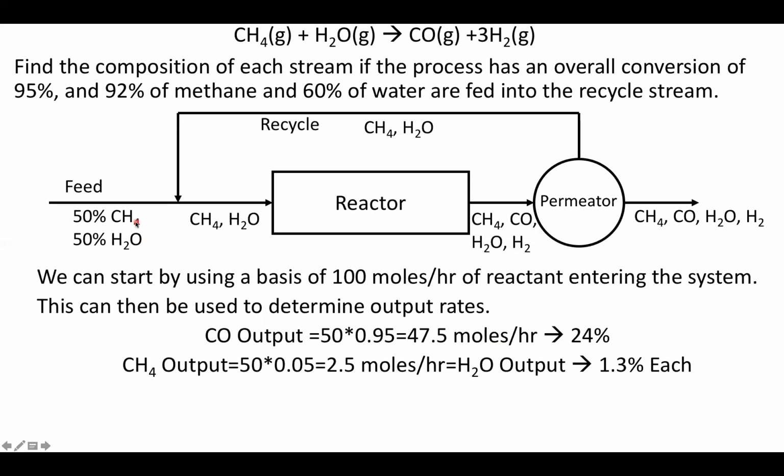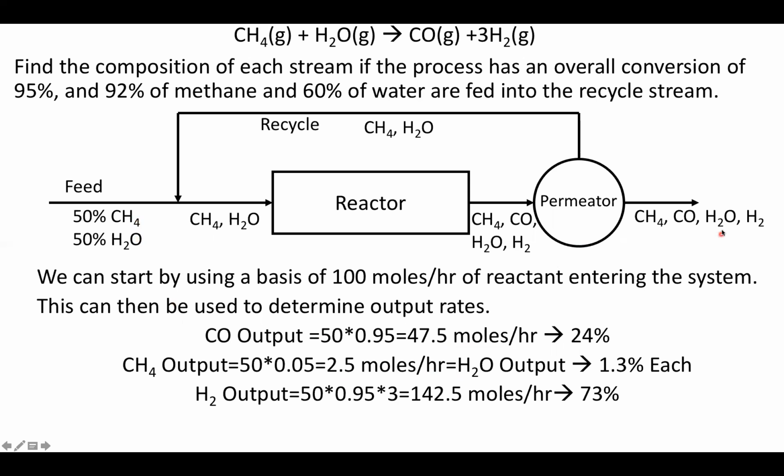I also am going to have a 95% conversion on both methane and water, as they are co-limiting. So times that by 0.05, and I'm going to have 2.5 moles per hour of both water and methane.